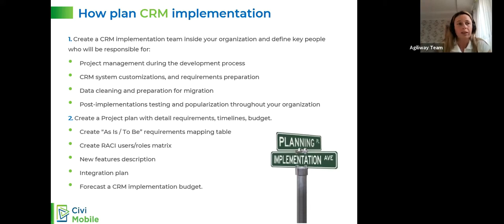For example, an accountant can have access only to contacts, contributions and memberships, where you have money. Event managers will work only with contacts, the event module and mass mailing. So we can play with roles and access.